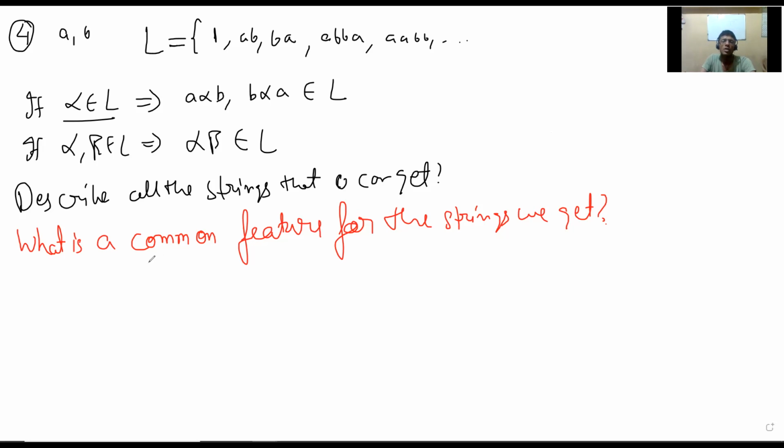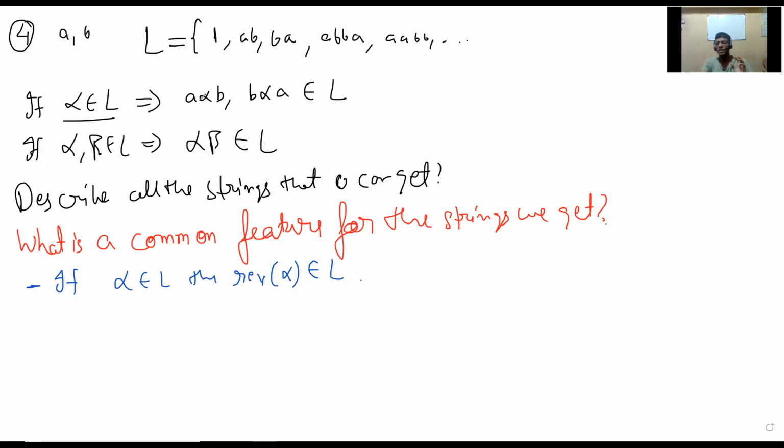So that's already something you've said. If alpha is in L, then reverse alpha is also in L. This is good, right? Already something. Now other people can also say some things. You can see that at each stage that kind of symmetry is being preserved.